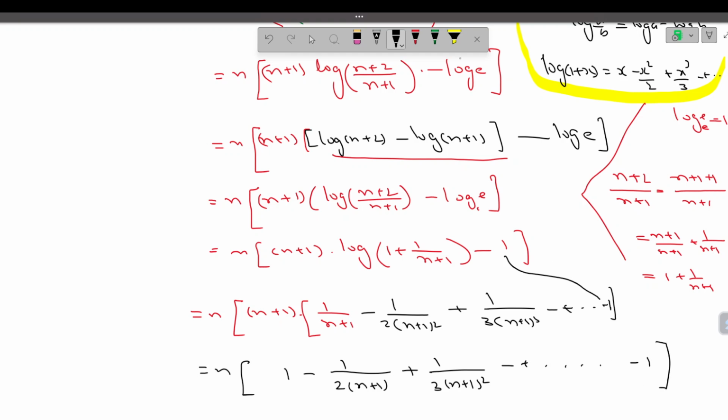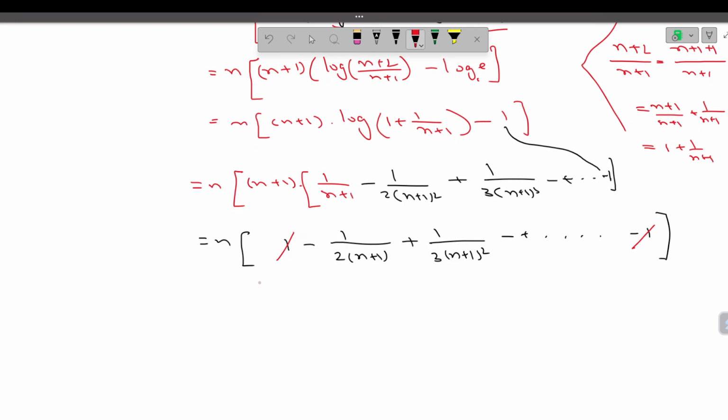This is minus 1. So this minus 1 and this plus 1 get cancelled. So we are left with n. n is common to all.